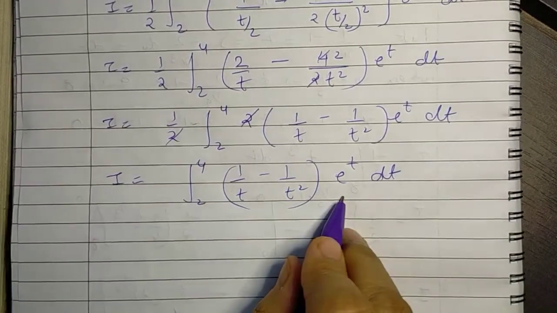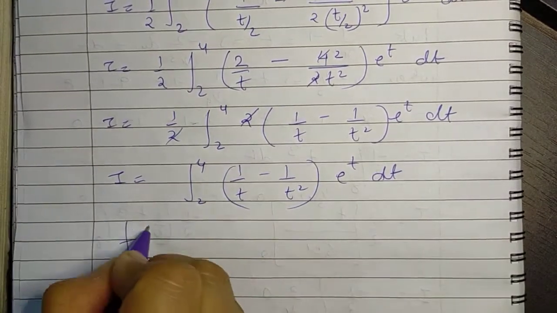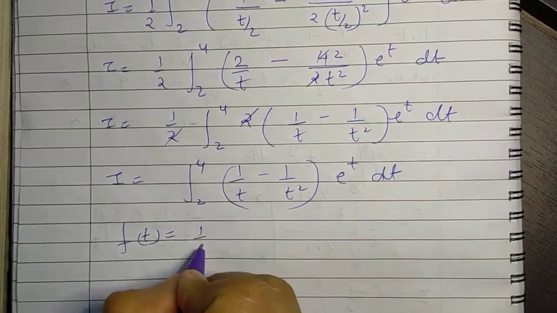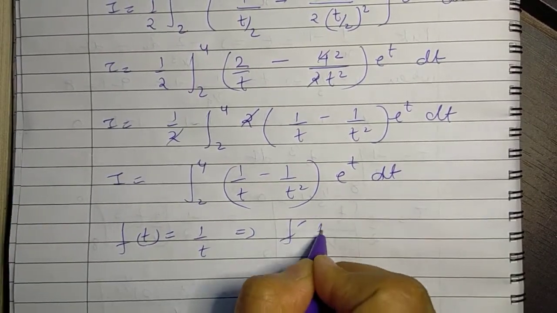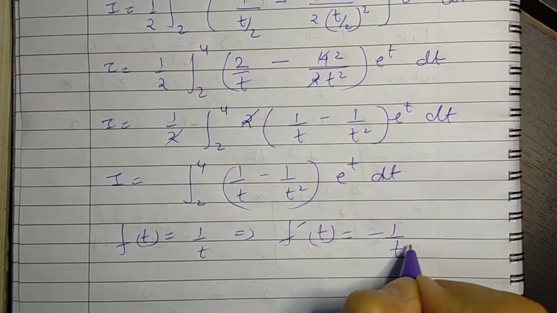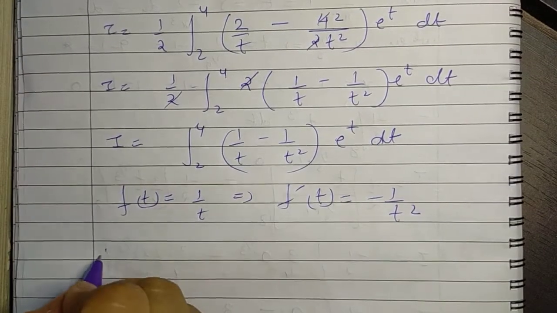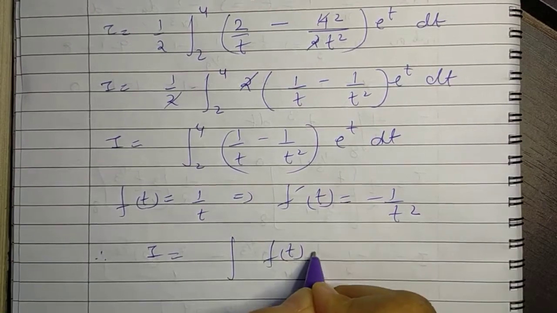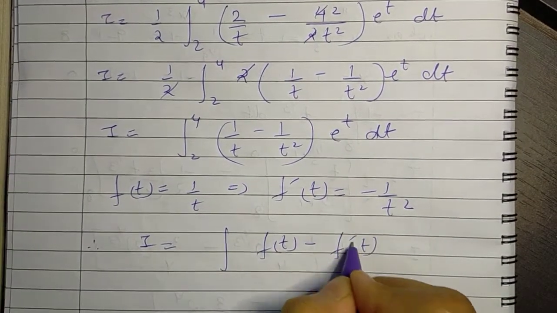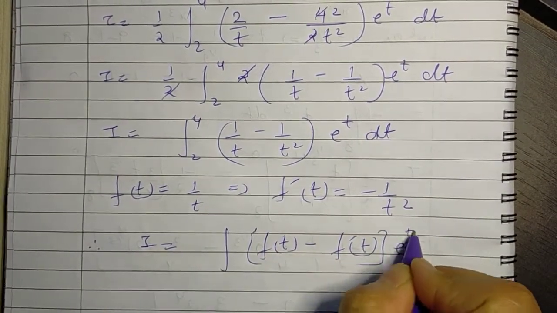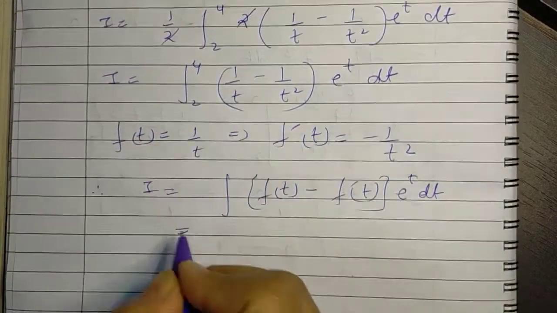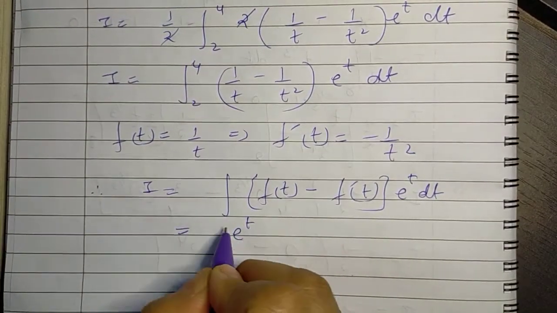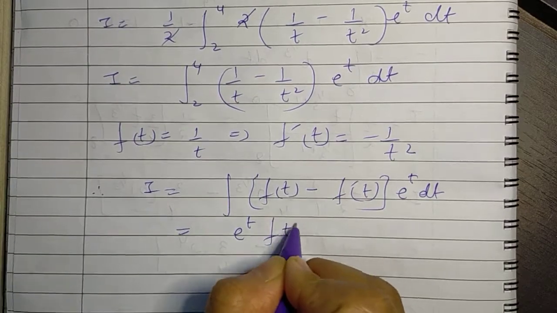Now this is in the standard form where if you put f t as 1 upon t, we get f dash t is equal to minus 1 upon t square. Therefore, it is in the standard form (f t plus f dash t) into e raised to the power t dt, whose integral can directly be written as e raised to the power t into f t.